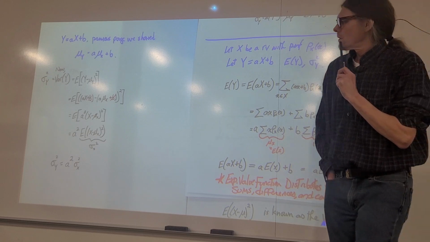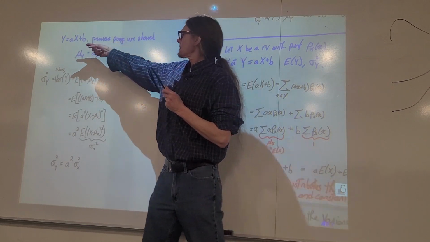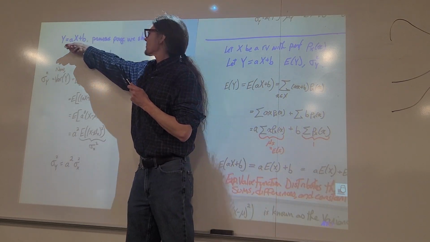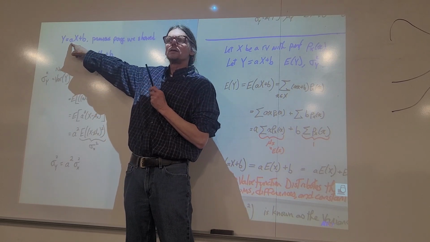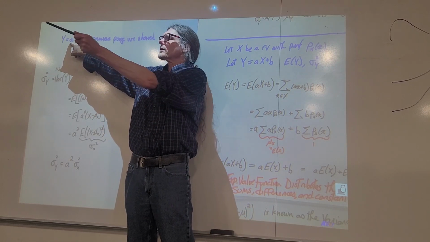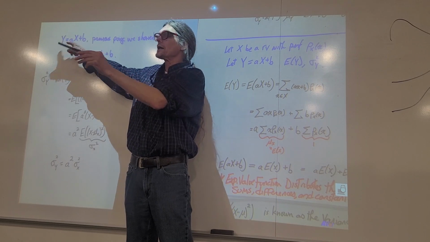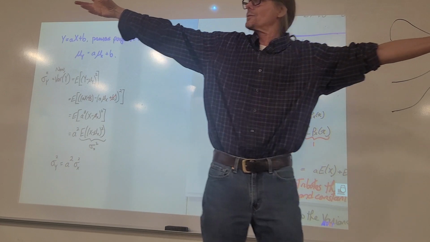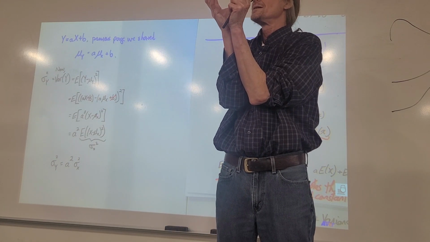What role does the a have in a linear transformation like this? It's a scalar, which means it scales. It spreads out or it contracts.